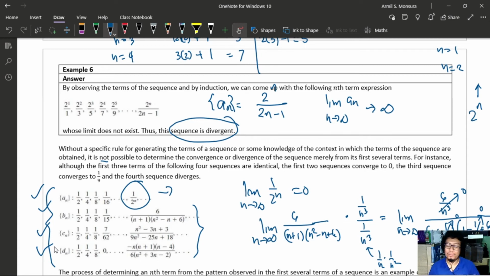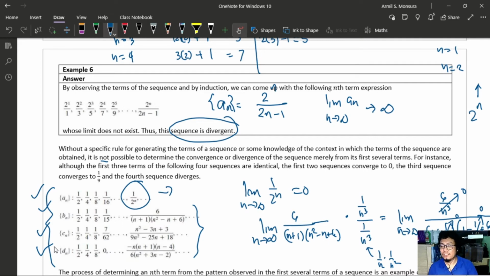When the sequence is from a practical problem, more or less you will have an idea of the context behind the sequence. So that's a very powerful way of knowing the nth term of a sequence: by first knowing the context behind the sequence.